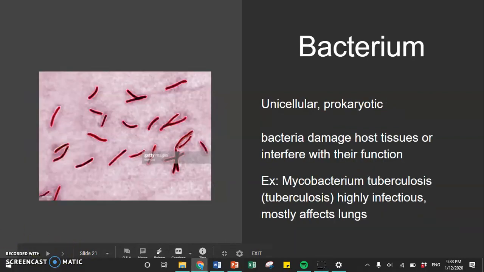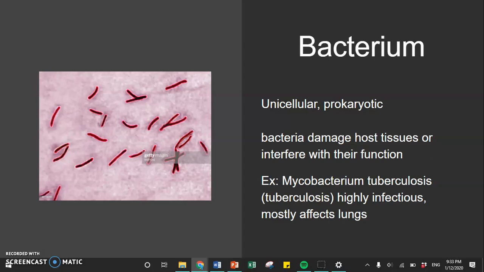Our next pathogen is bacterium, or the plural, bacteria. They are unicellular and prokaryotic. Again, that means they have no nucleus in their cells.